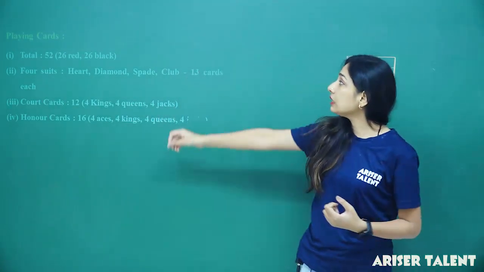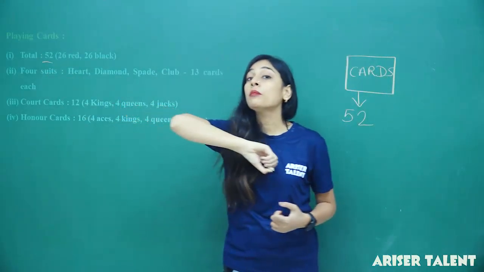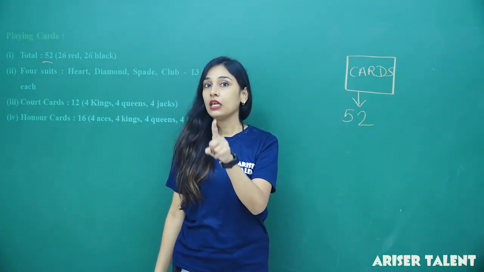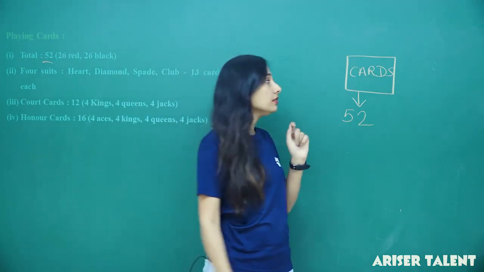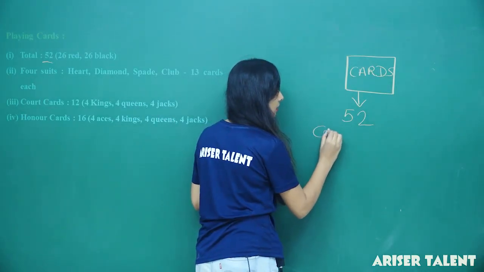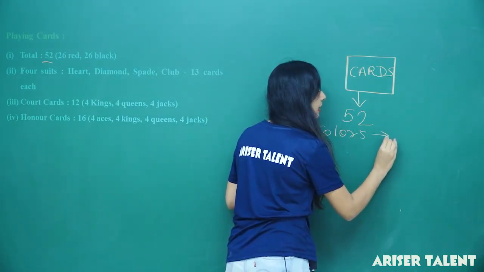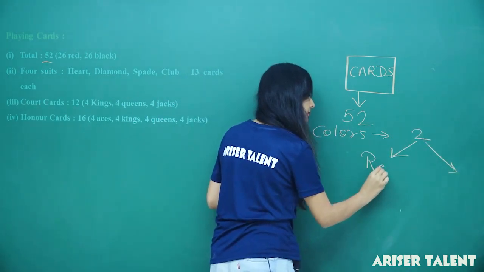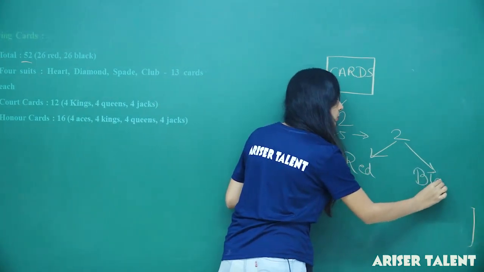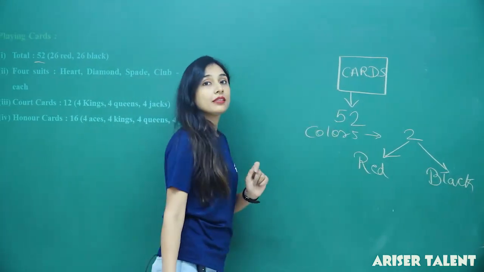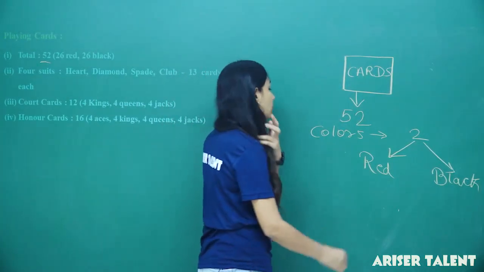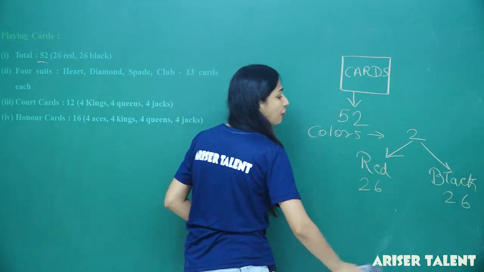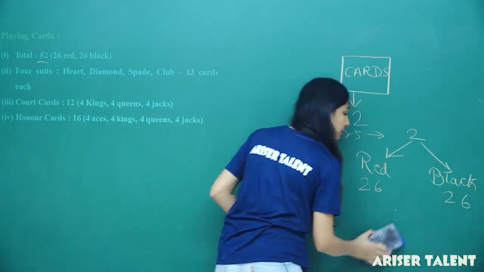We have these 52 cards. Now in terms of colors, there are 2 sets, red and black, and they are even, so that will be 26 and 26, that's half of 52.